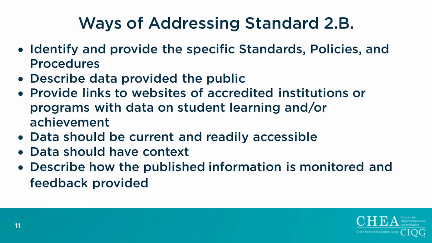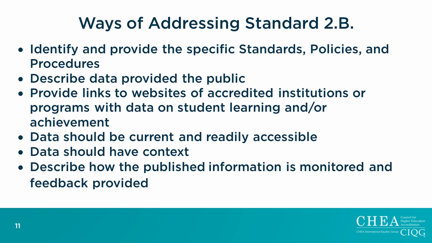In Standard 2B, the accrediting organization implements and upholds standards, policies, or procedures that require accredited institutions and programs to provide current, readily accessible, accurate data to the public regarding student learning outcomes and/or achievement data. The application narrative may include a description of data and whether the data reflect the intended expectation of academic quality as identified in Standard 1A, or a description of how the accrediting organization monitors the published information and provides feedback to institutions or programs.